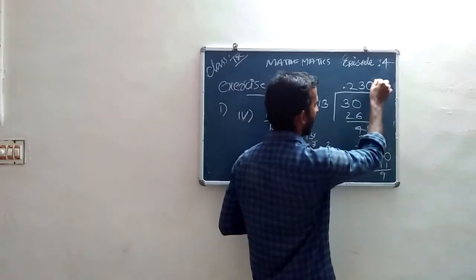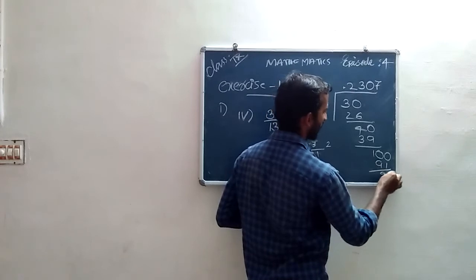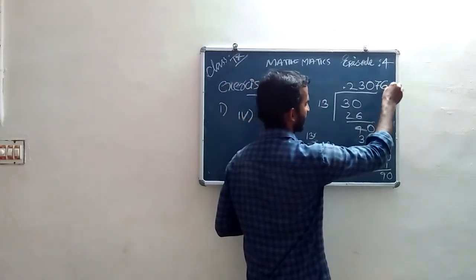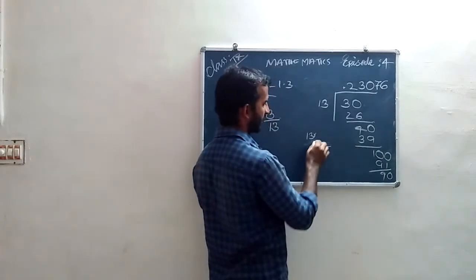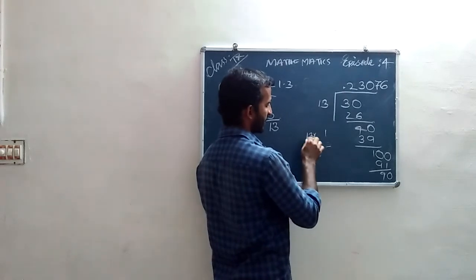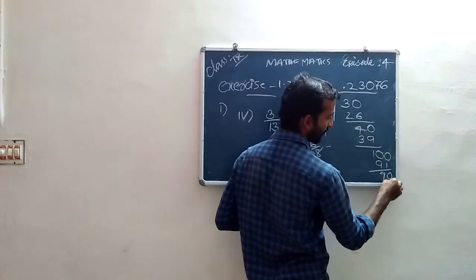When we add 0, we get 6, and 13 into 6, we get 78, remainder 12.